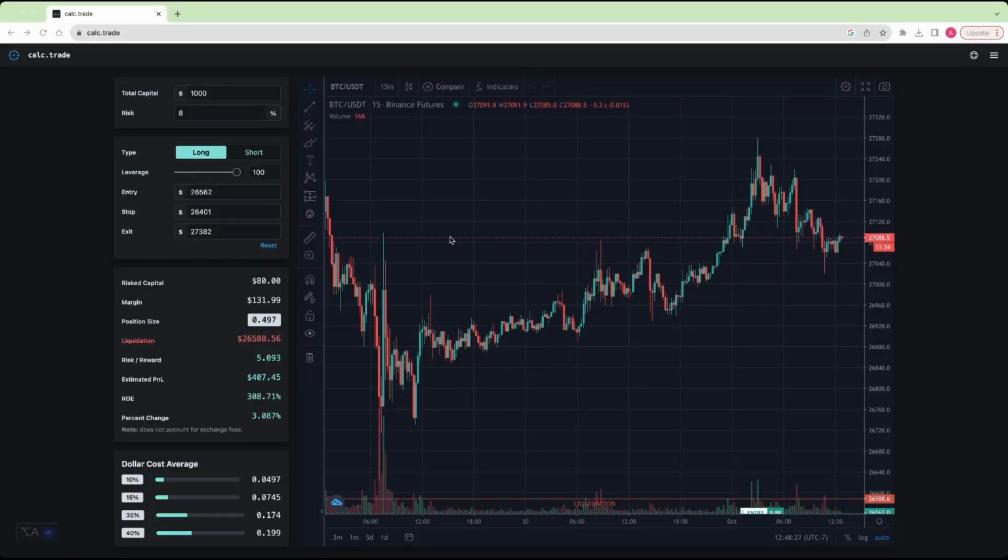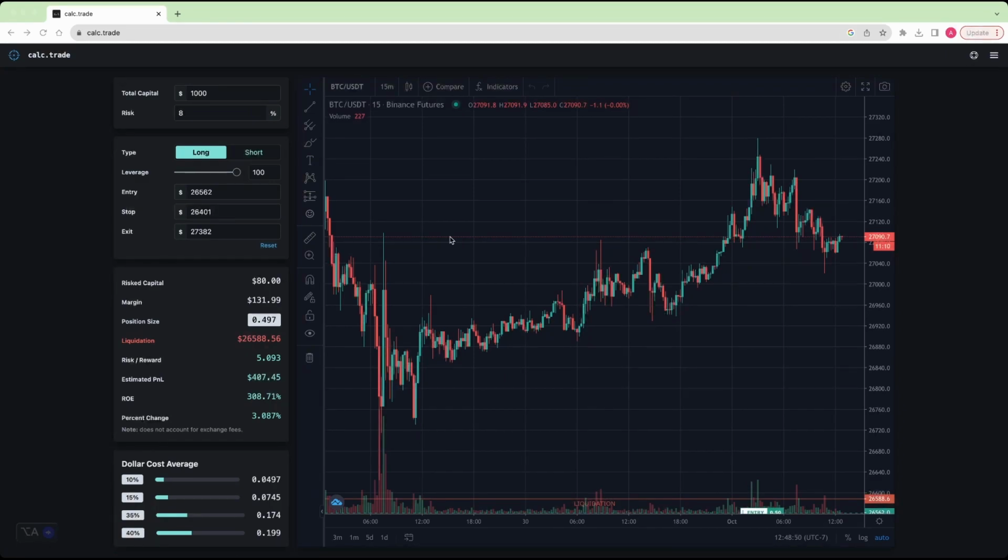So just think of these two parameters only. Right, I want to trade. What's my entry? What's my stop? When I go into calc.trade, I'm going to put my entry level, I'm going to put my stop level, I'm going to put how much I've got in my account, I'm going to put what I'm willing to risk, and then that position size, well, that's exactly all you need. You just want the position size.